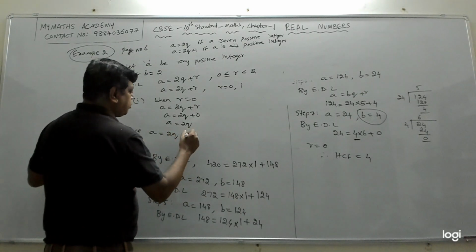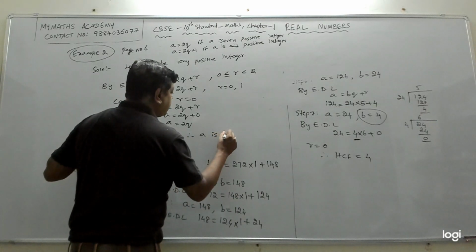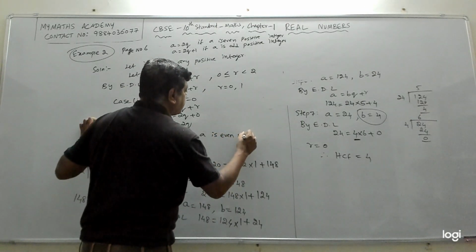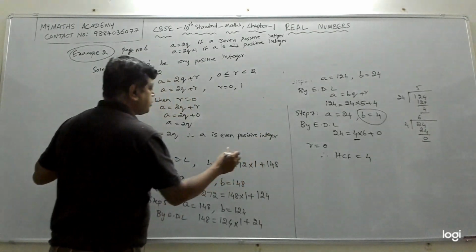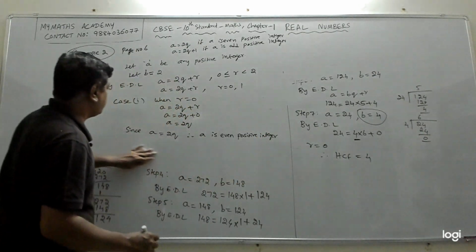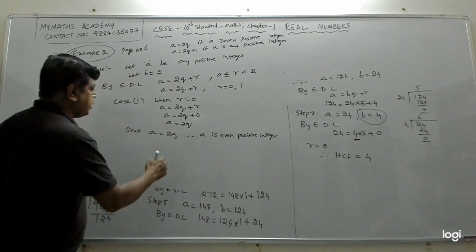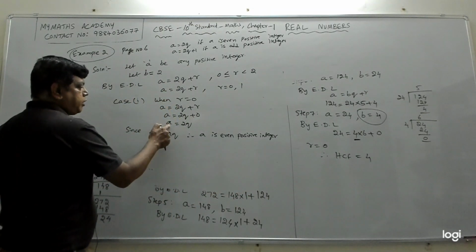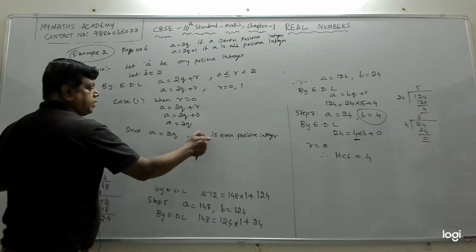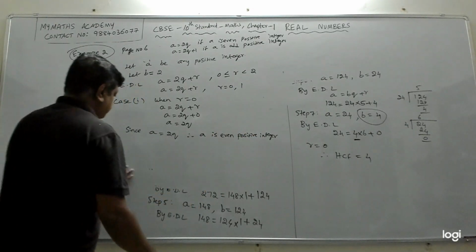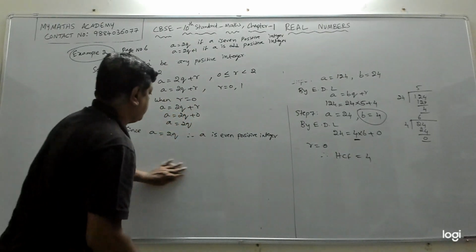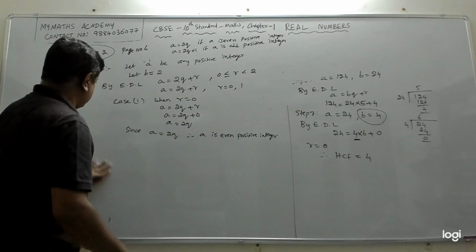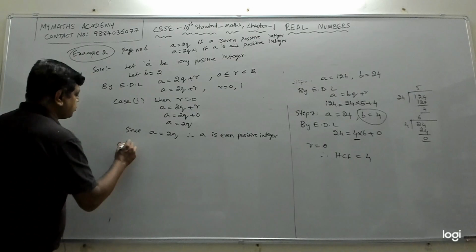Since A is equal to 2Q, therefore A is an even positive integer, because A is of the form 2Q. See, any even integer will be 2 into something. The moment you get A is equal to 2Q, A is an even positive integer.